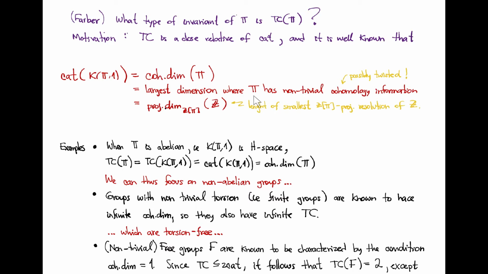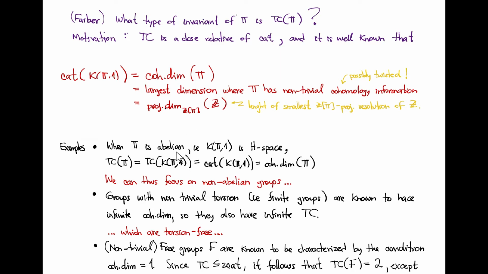Namely, the largest dimension of the cohomology of the group with any coefficients where you have non-trivial information, or equivalently the projective dimension of Z, thought of as a trivial Z-pi module. Namely, the length of the shortest possible resolution. Okay, so in the case of category, the answer is well understood, but what happens for the TC of the group? What can you say about that?